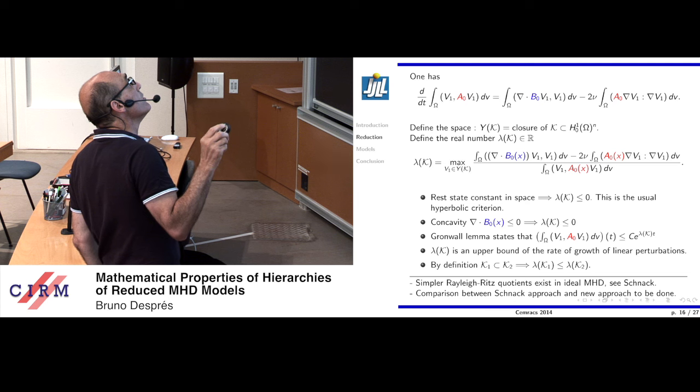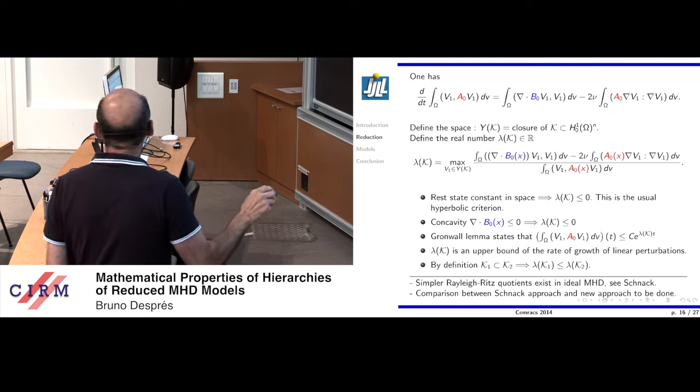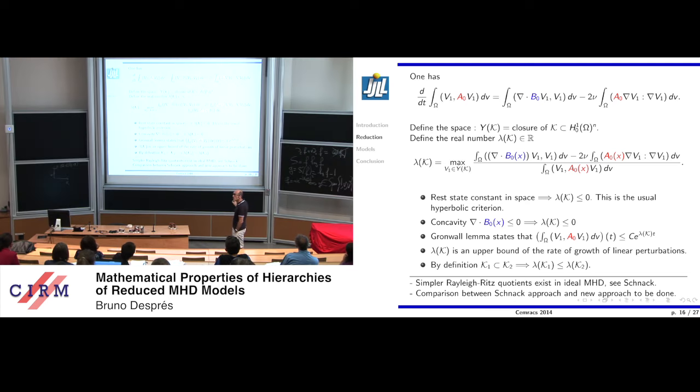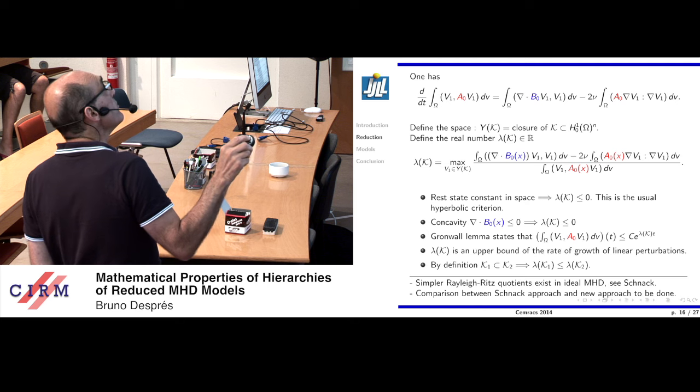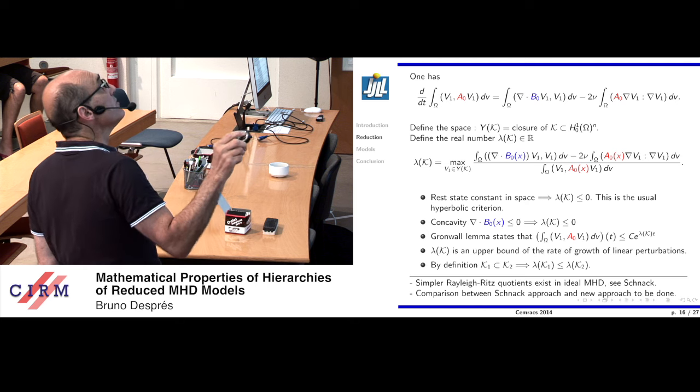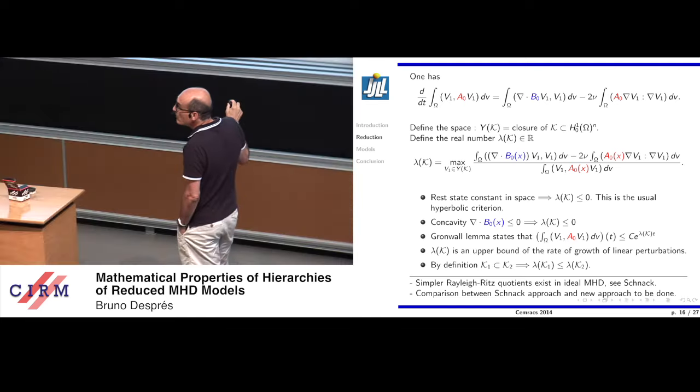And you can use the Rayleigh-Ritz analysis. So you just compute the ratio of this divided by that, and let me define this as lambda of k. Lambda of k is the maximal value of that divided by that. And it is well defined.